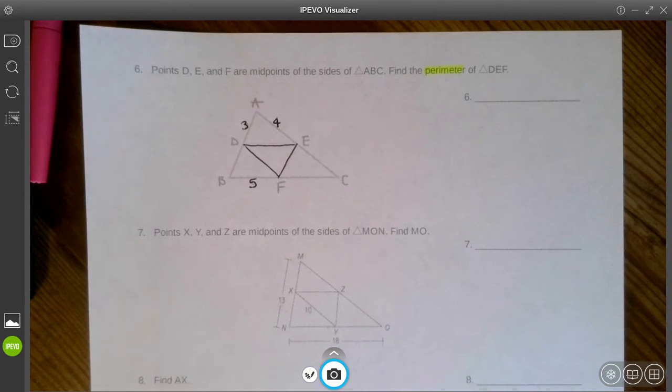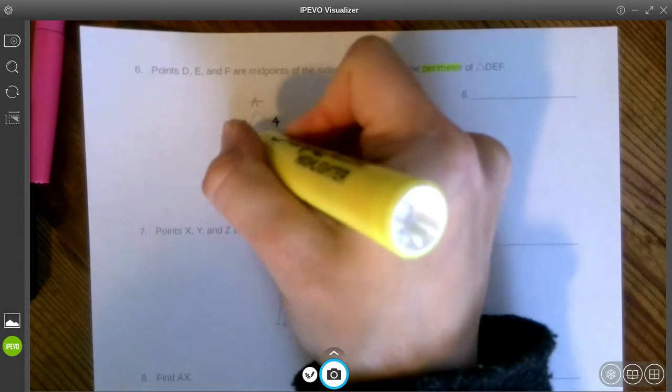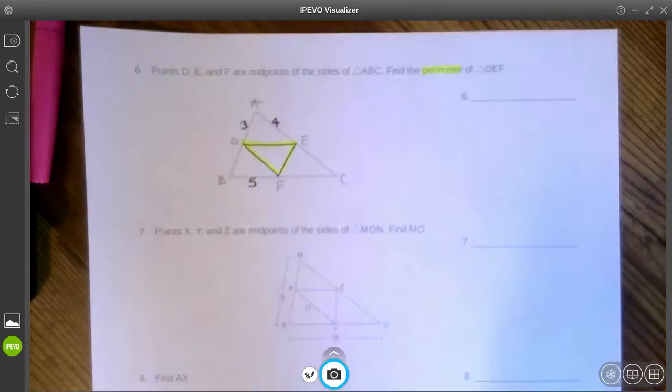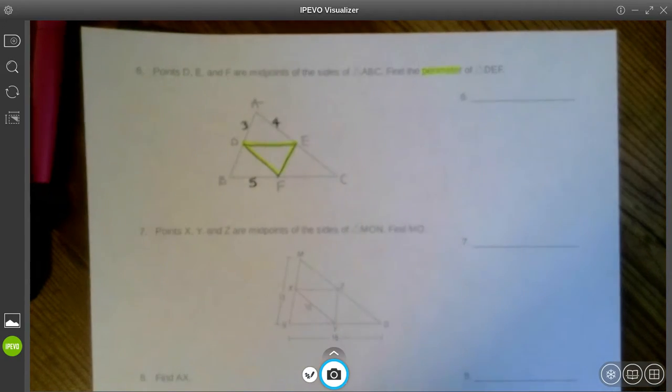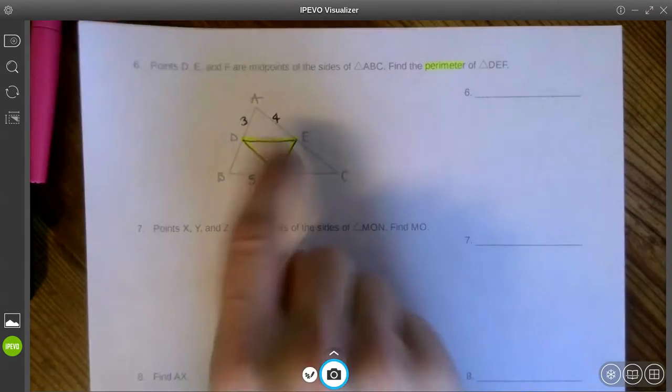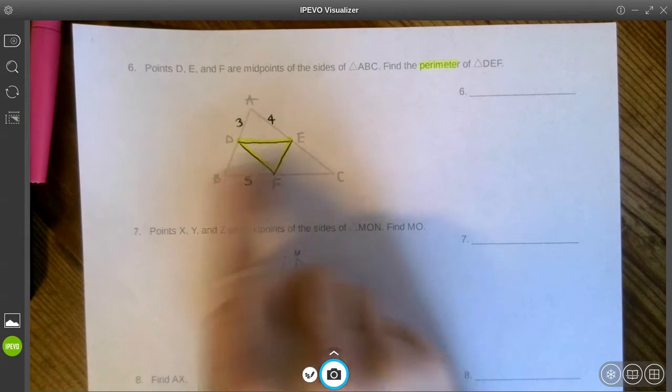So keep in mind, our final answer will require us to find the perimeter of this yellow triangle. So that requires us to find the lengths of those three sides and add them together. Now we are told that D, E, and F are midpoints of these sides of the triangle.